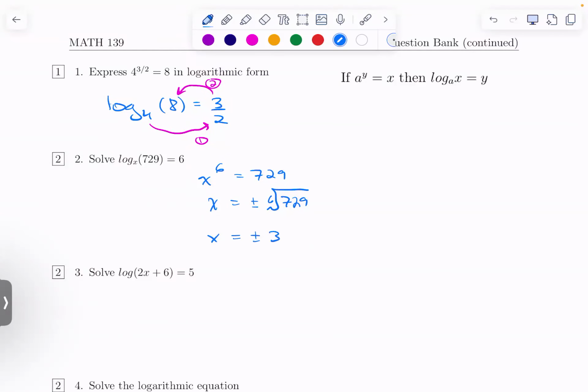But you don't have to. How would you find, if you don't have a fancy calculator, which you don't have to, how would you find the 6th root of 729? 729 to the 1 over 6. Right, and then plus minus, I guess I shouldn't circle the plus minus.